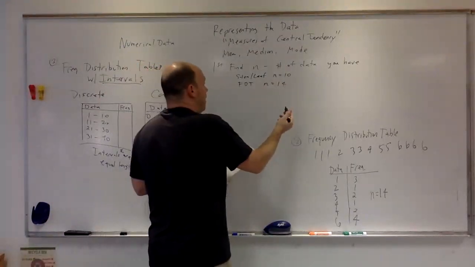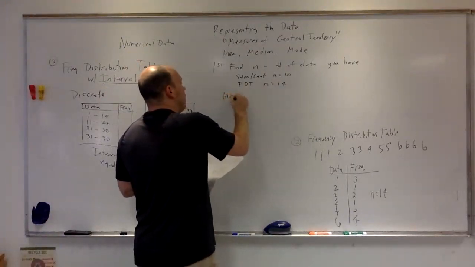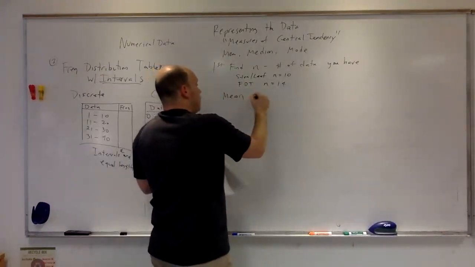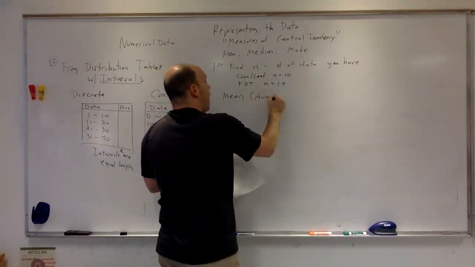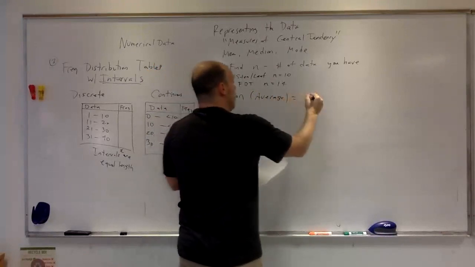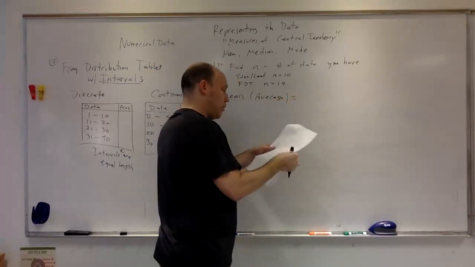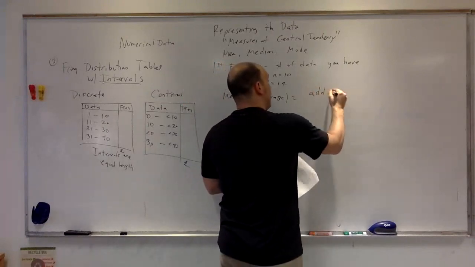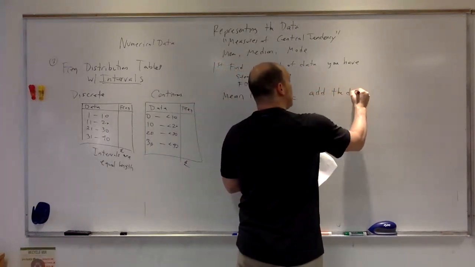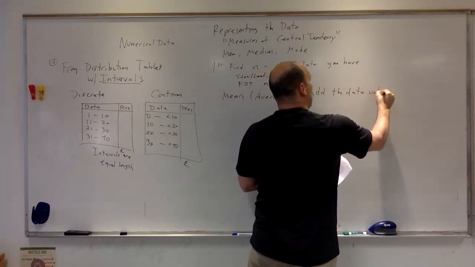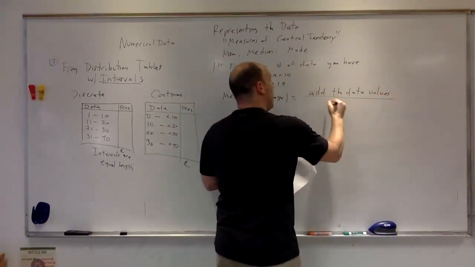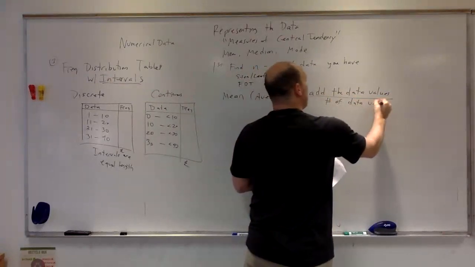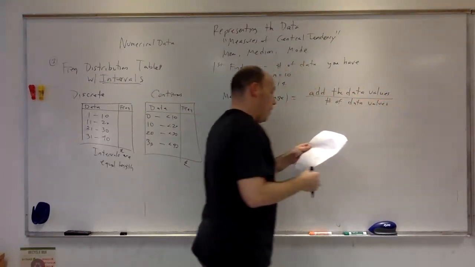Okay. Next, you have N pieces of data. The first thing we're going to look at is the mean. The mean is a fancy way of saying average. How do you find the average? You add up the data values and divide by the number of data values. Very basic.